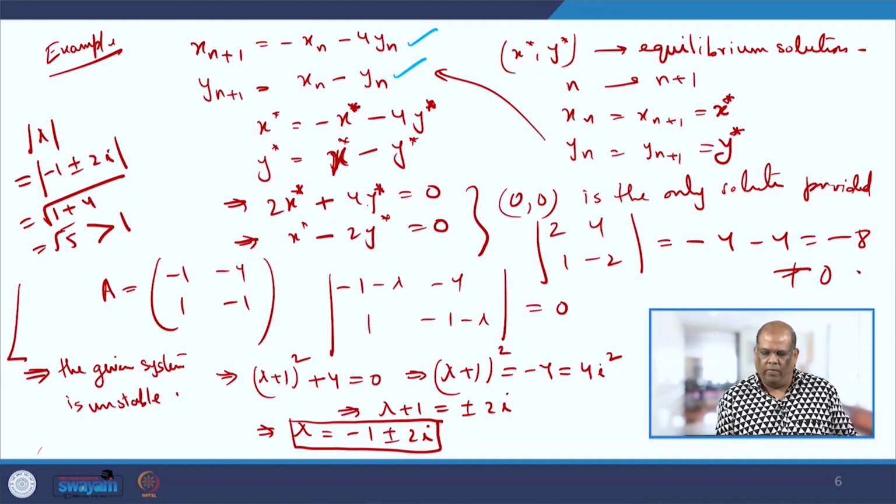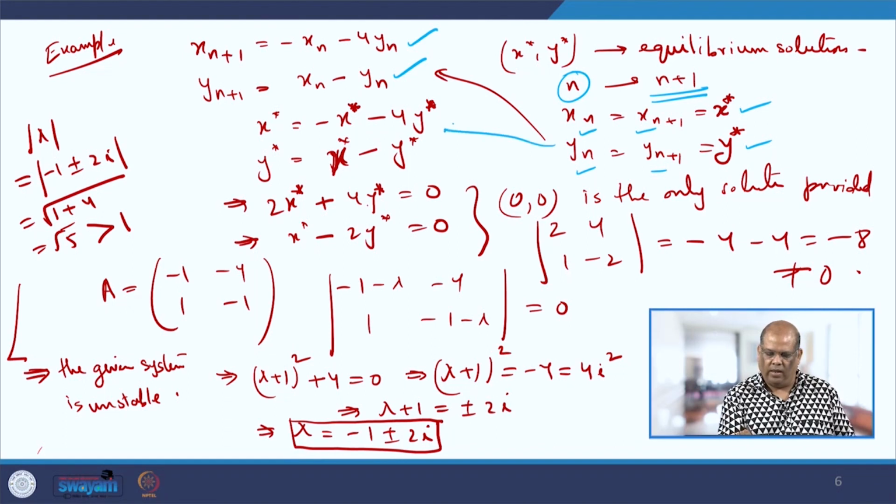You find the equilibrium solution, which means that there is no change from n to n plus 1, and hence you substitute xn and xn plus 1 equal to x star, yn and yn plus 1 equal to y star, and you get this particular set. You simplify this and you find out this set of equations whose only solution is 0, 0, because this determinant is not equal to 0. So, 0, 0 is the unique equilibrium solution of this system of difference equations.